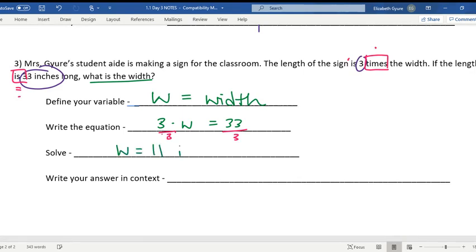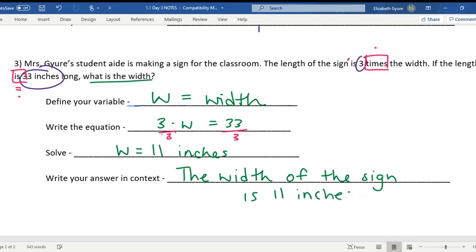Inches. And then someone tell me, how could I write this in context? Asia? Very good. The width of the sign is 11 inches. Excellent. Good.